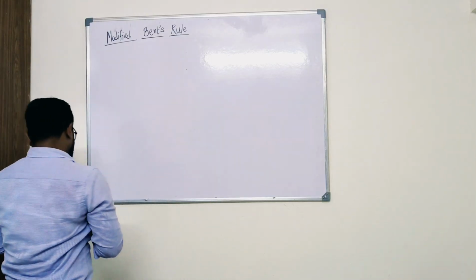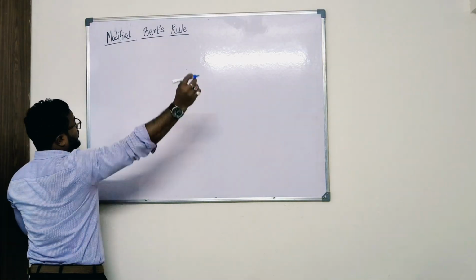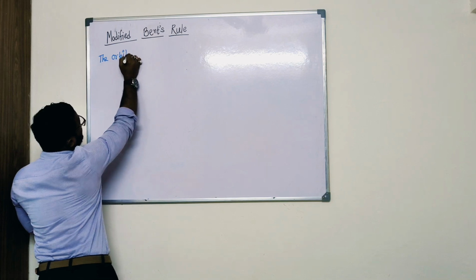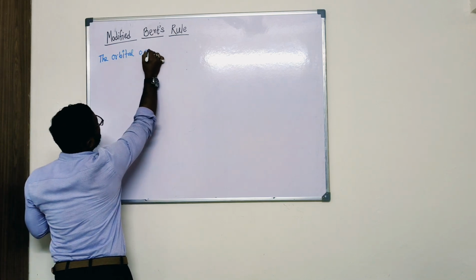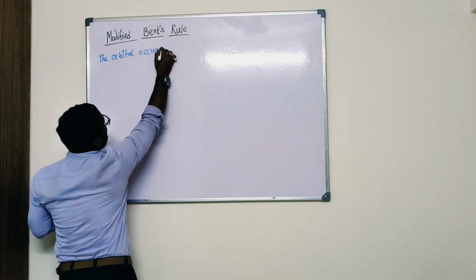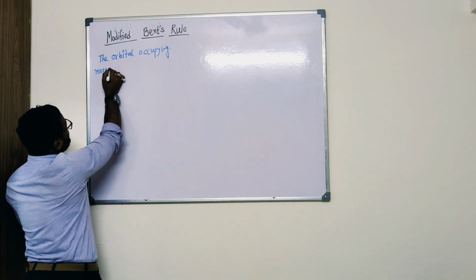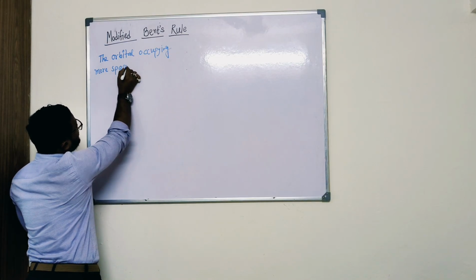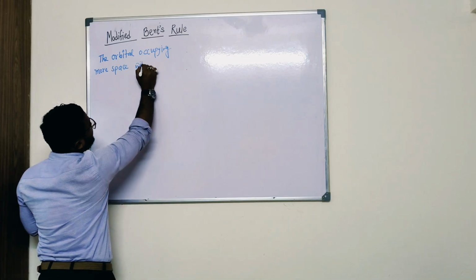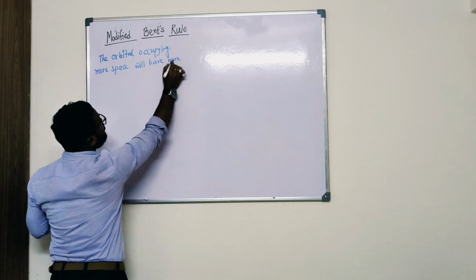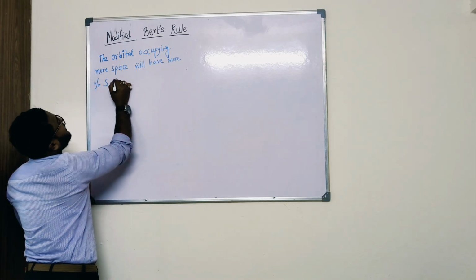According to this rule, we can say that the orbital occupying more space will have more percent S character.